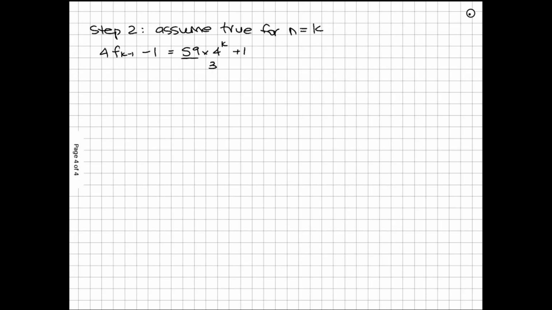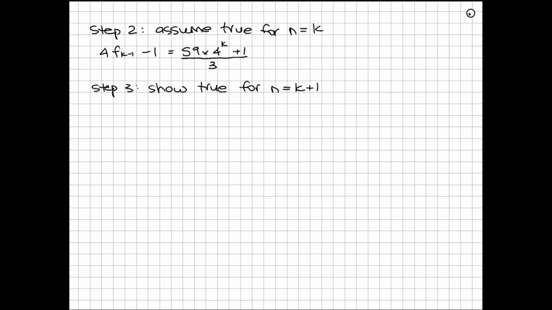We're going to assume that's true, so that we then move on to step 3 of the induction, where all the hard work usually happens, which is that we now need to show that the relationship is true for n equals k plus 1.